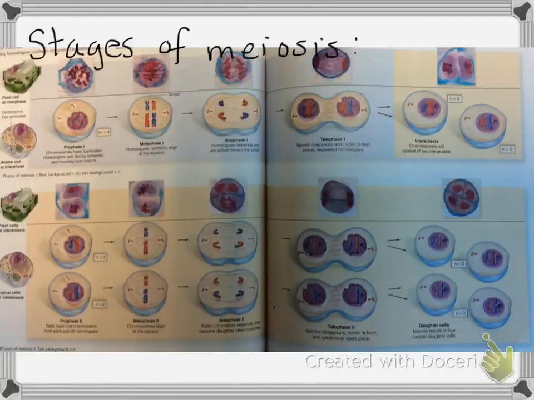We call that independent assortment. Now, I'm a little confused. How come some of these red chromosomes have blue tips and some of the blue chromosomes have red tips? Crossing over. When did crossing over occur? Back in prophase 1. That's good. Okay, everybody take a look at anaphase 1. What separates in anaphase 1?